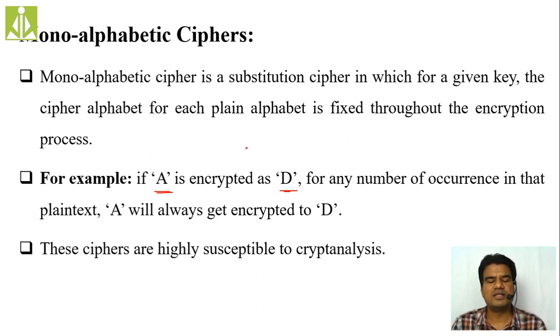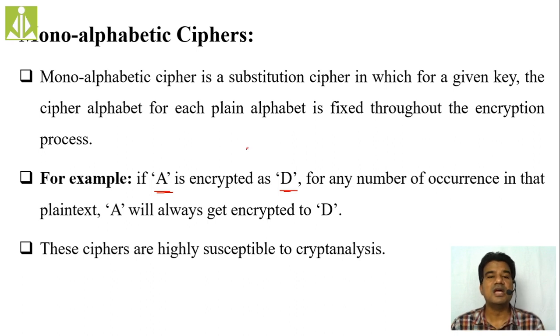That is the reason why they are very simple to break. They are very simple to perform cryptanalysis on. The Caesar cipher, which we just saw, is one such example of a monoalphabetic cipher, because for every alphabet inside the plain text, we have a fixed character inside the ciphertext.